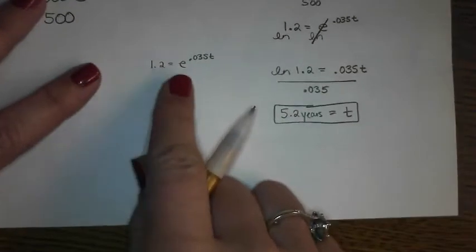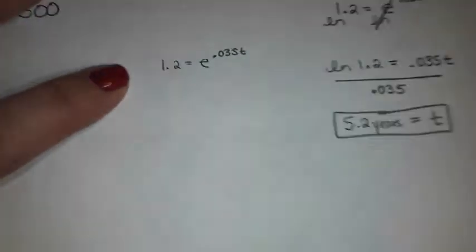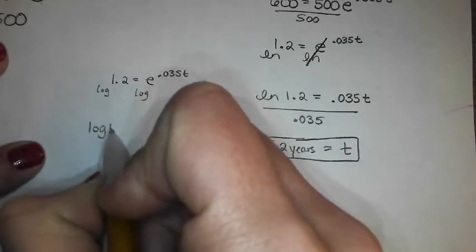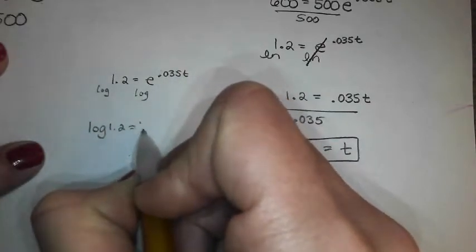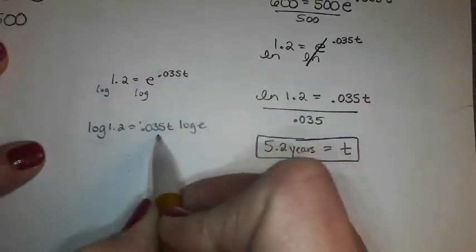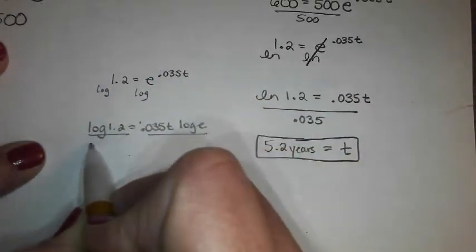So don't write this down, but let me just show you something real quick. If I didn't know about this log base idea, I could just take the log of both sides. I would get log of 1.2 equals 0.035t log of e. I would have to divide both sides by the log of e.